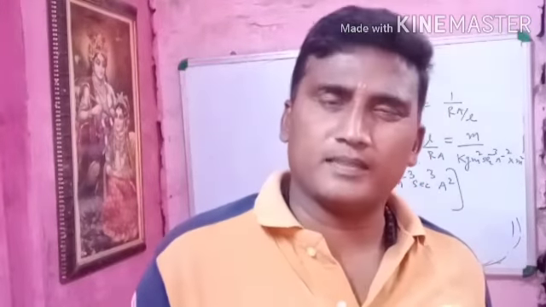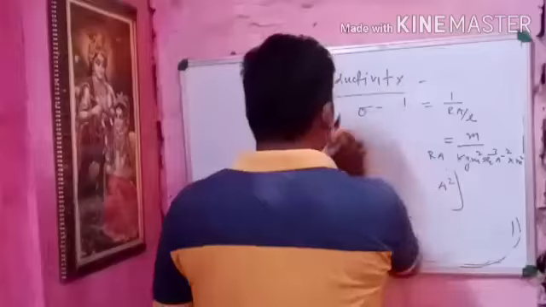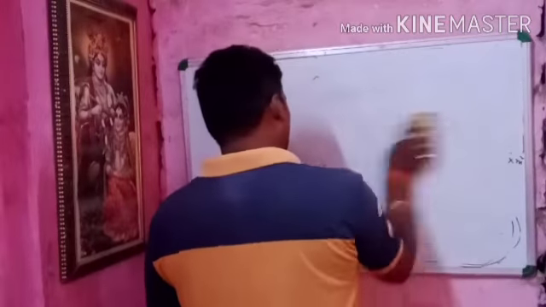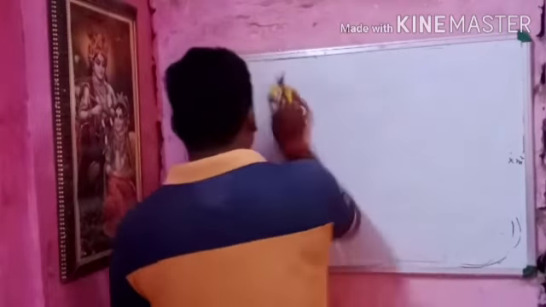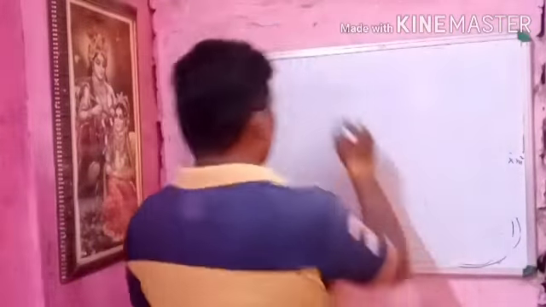Now we discuss another topic, mobility. Mobility is the charge carrier's drift velocity per unit electric field. It is known as the mobility, and it is represented by mu.